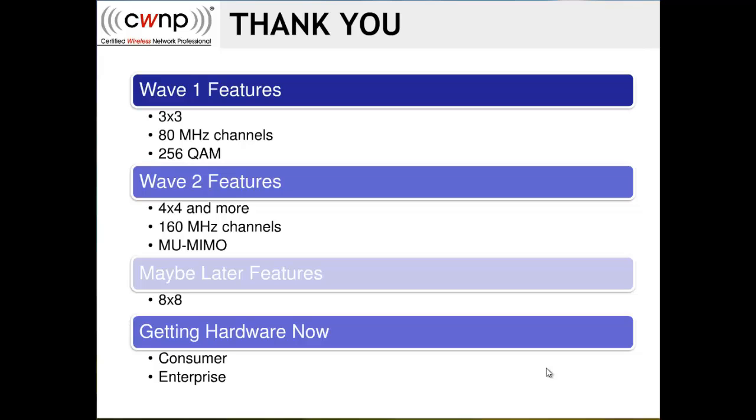So the primary is used for your 11A clients. Even with an 80 megahertz, you're still going to have a 40 for 11N clients, and you're going to have a 20 for 11A clients. So that protection mechanism is still there, or that enablement is still there for backward compatibility.